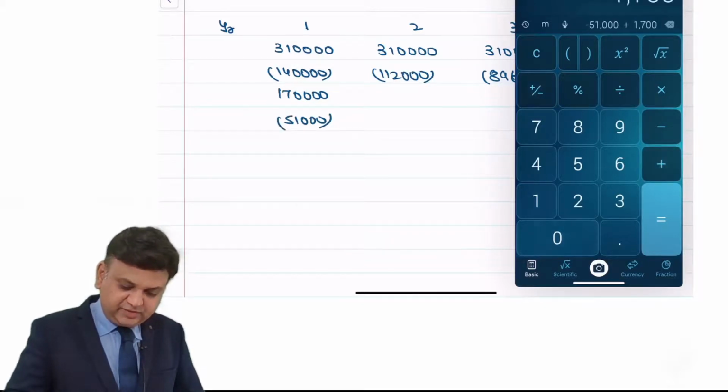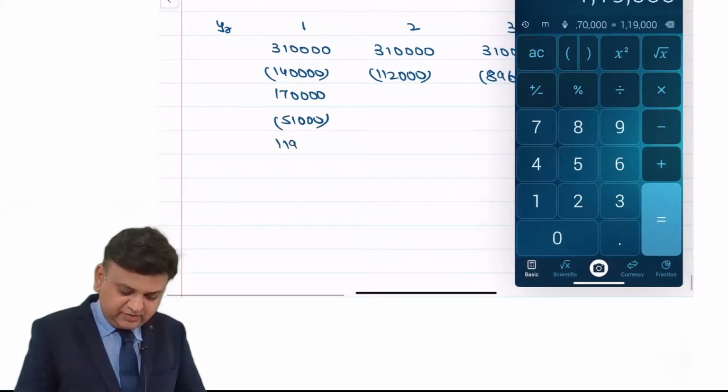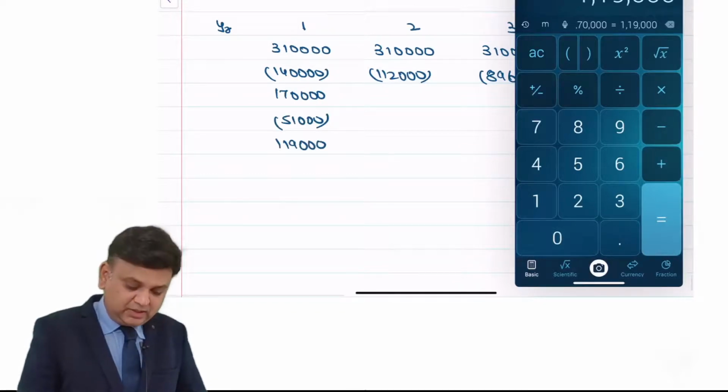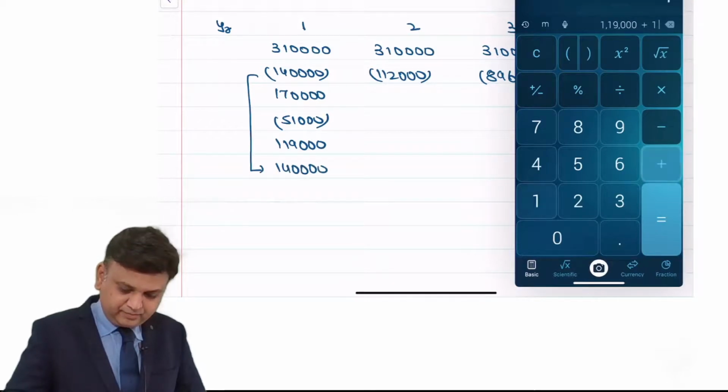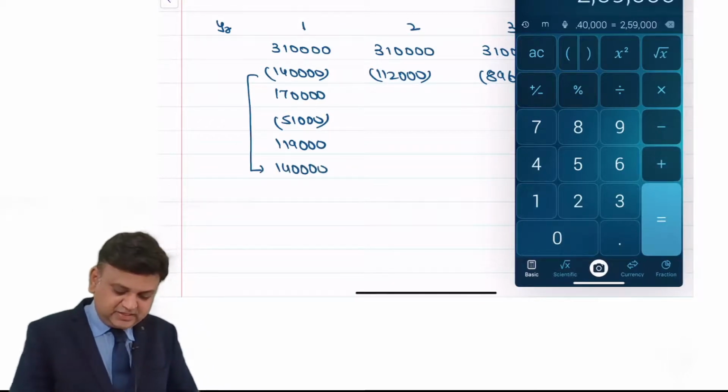It is deducted from 170. This is 119. Then you add back depreciation 140. So you find CFAT 259.